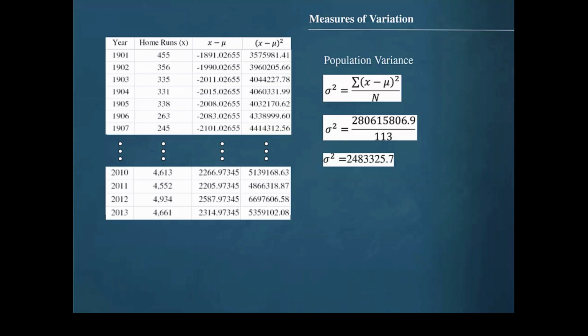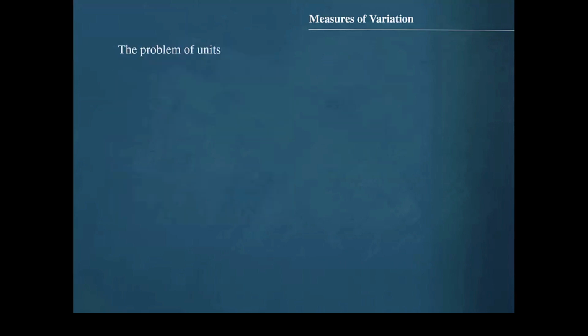This brings up the problem of units. The mean for the home runs dataset is 2,346 home runs per season. So the units for the mean are consistent with the units for the individual data values. This is why we can compare the mean to the individual data value when we subtract them in the formula for the variance.